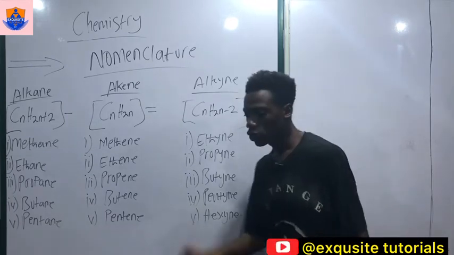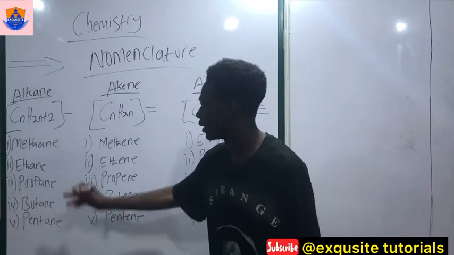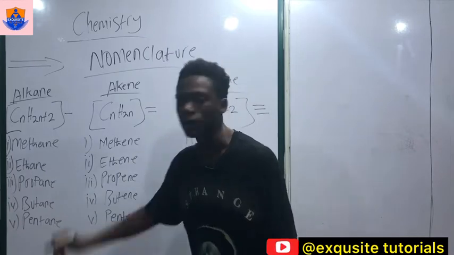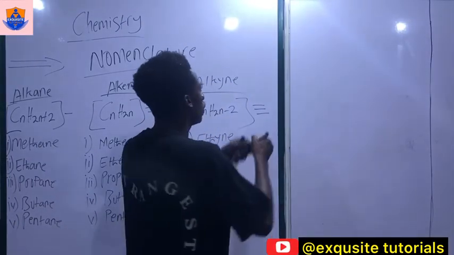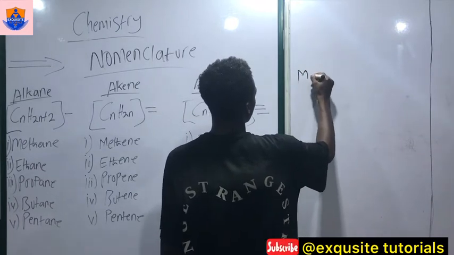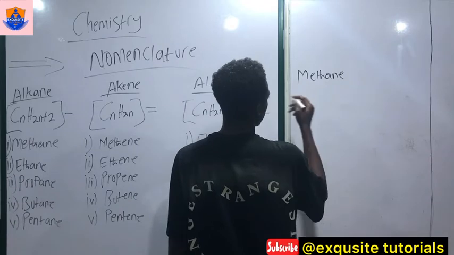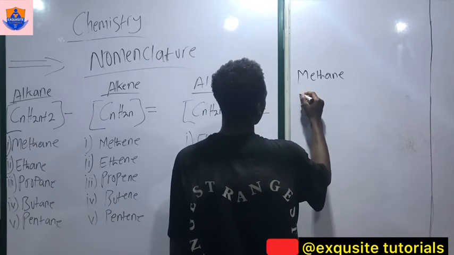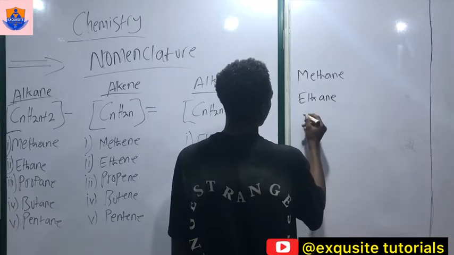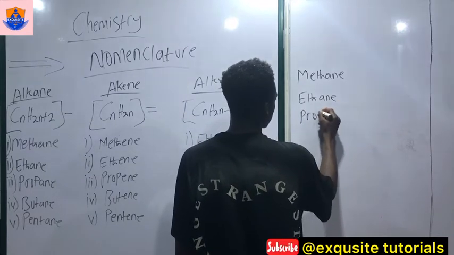All right, so now let's look at the first 5 members of the alkane. We have methane, ethane, propane, butane, and pentane. So now let's take a look at this. We have methane, then we have ethane, then we have propane.